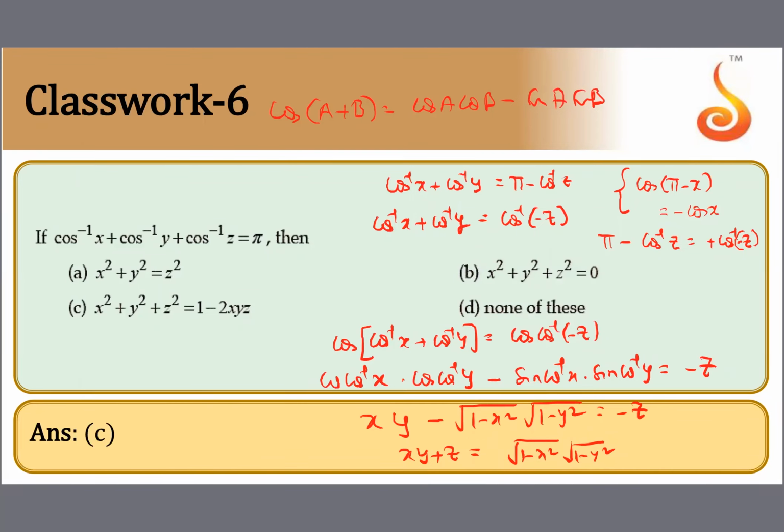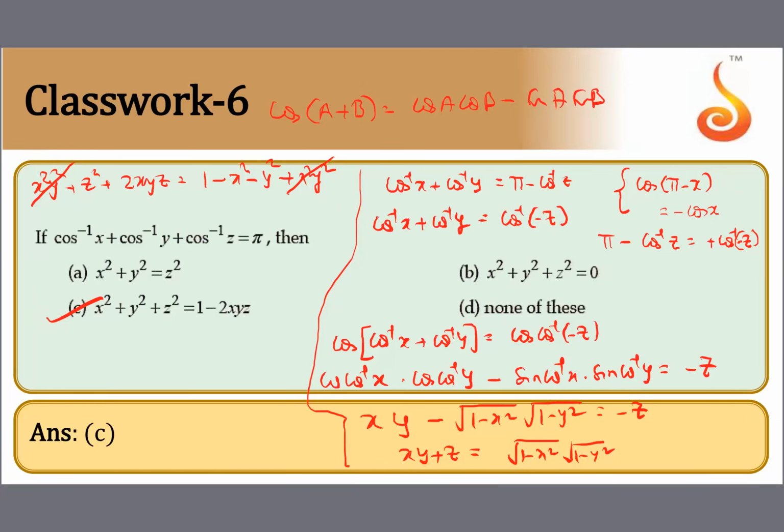Square both sides, we get our required result, C option. We get x square y square plus z square plus 2xyz is equal to 1 minus x square minus y square plus x square y square. These two will cancel. We get our required result.